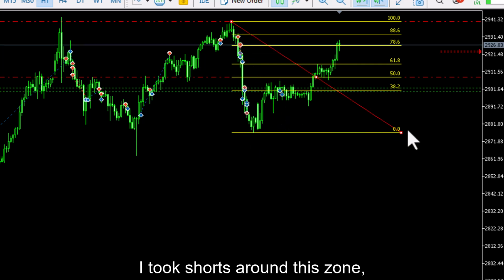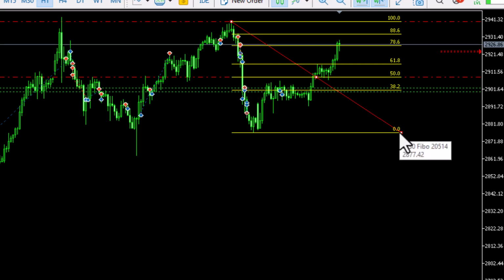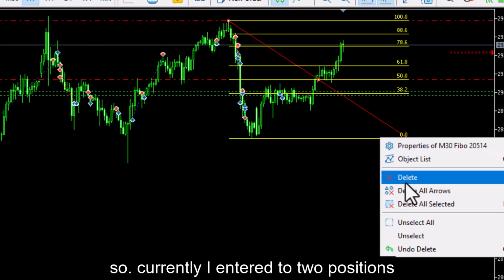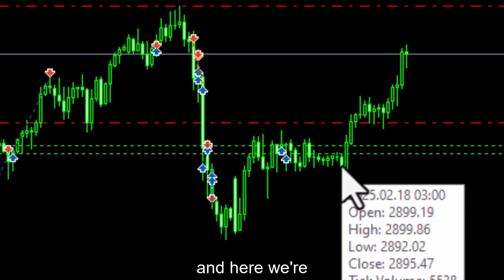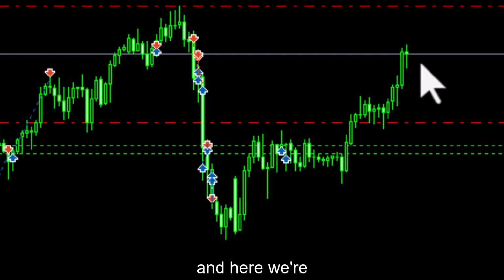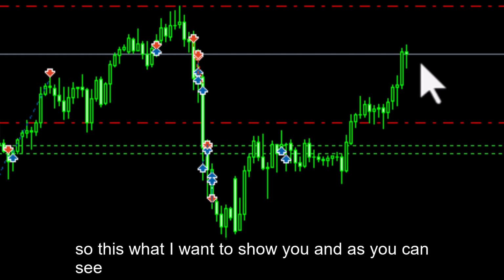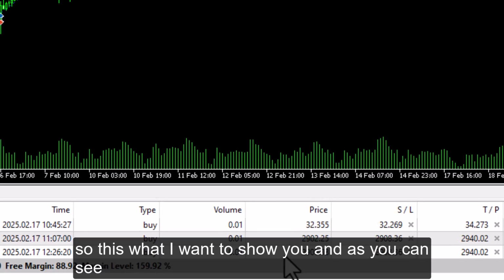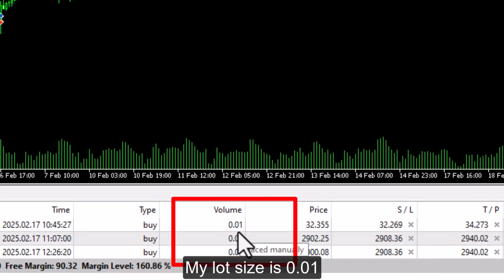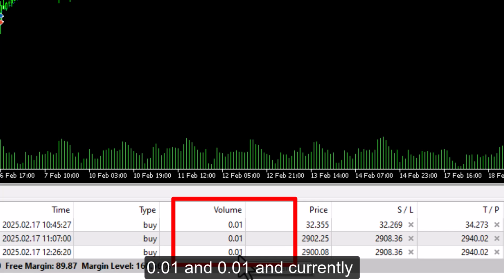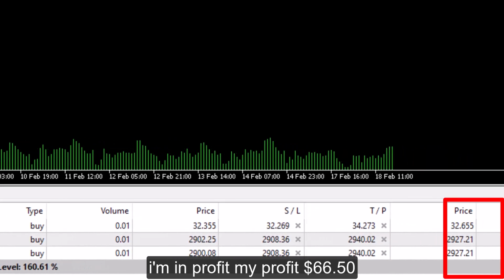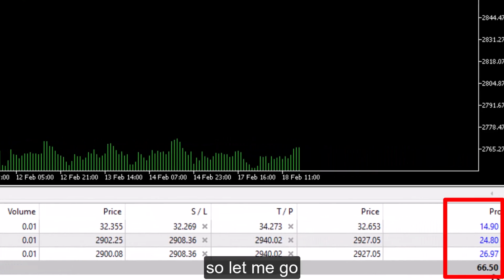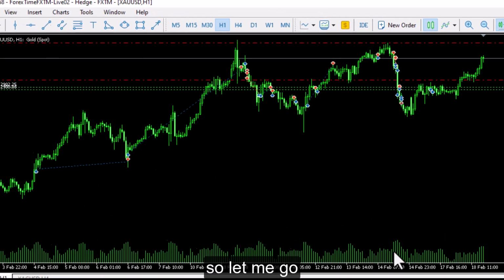Currently I entered. Let me get rid of this Fibonacci retracement too. Let me delete this. So currently I entered 2 positions, and here we are. So this is what I want to show you, and as you can see, my lot size is 0.01 and 0.01, and currently I'm in profit. My profit is $66.50.